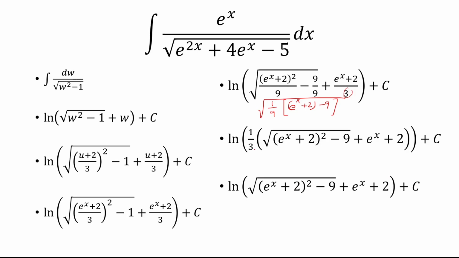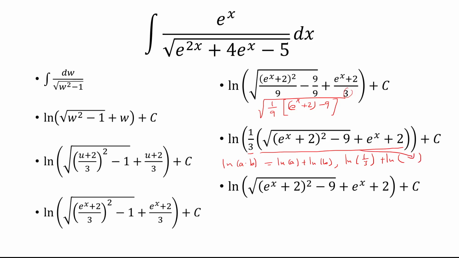So keep in mind, we have 1/3 times this entire quantity. And we know when we have ln of, let's say, a times b, that's equal to ln of a plus ln of b. So for this example, we have ln of 1/3 plus ln of the rest, basically this thing.